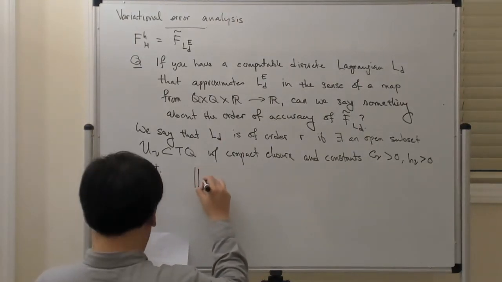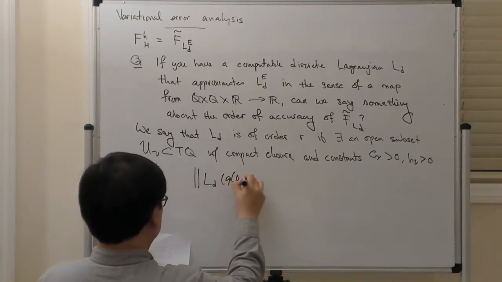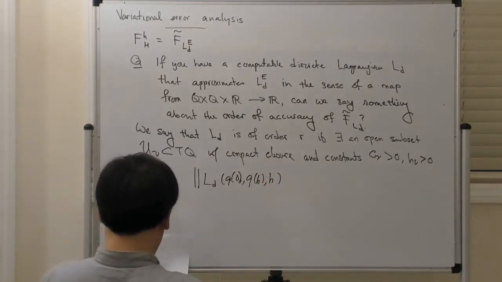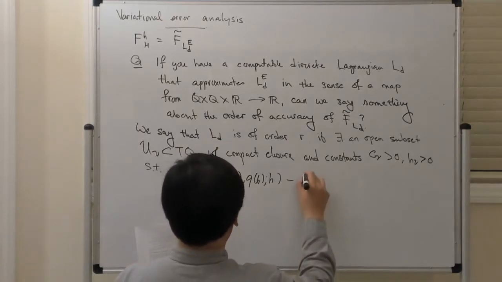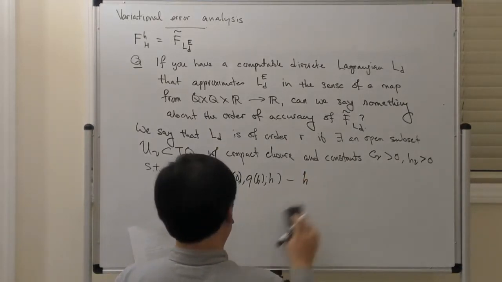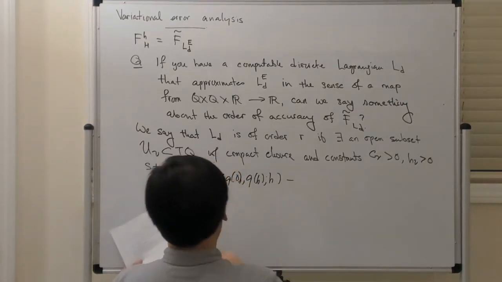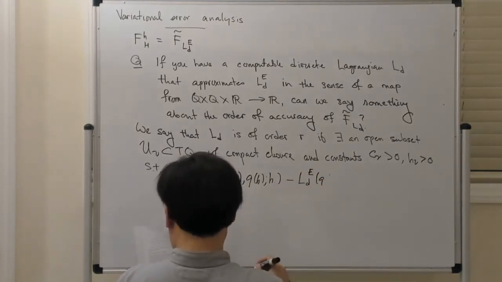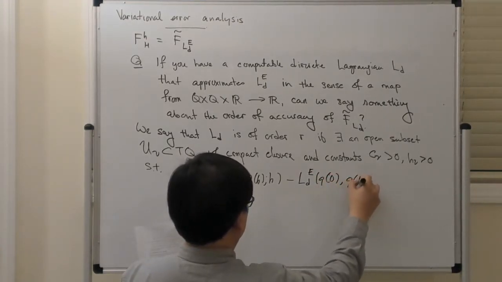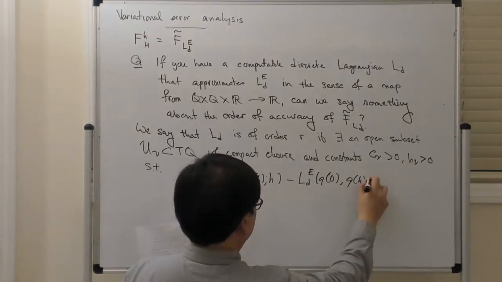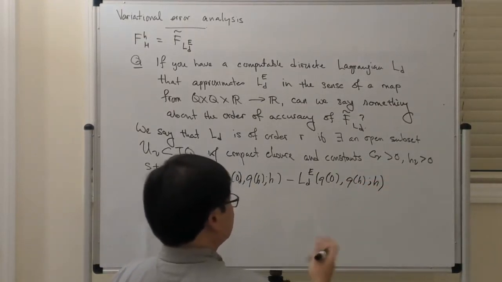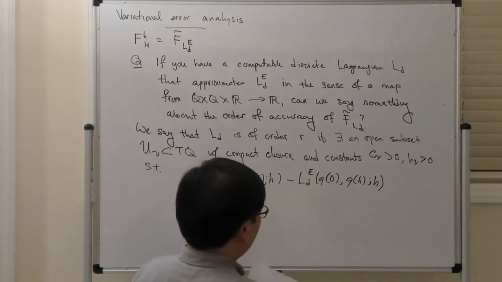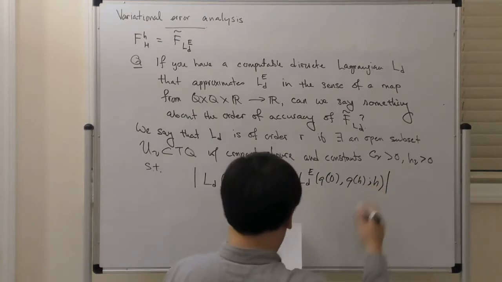the difference between L_D of Q0, Q_H, H minus L_D exact of Q0, Q_H, well, this is just a scalar valued function, so I just need the absolute value of the difference, and there's again this implicit dependence on H. We want an H there because when we talk about order of accuracy, we always talk about some sort of error which grows like some power of H. So we want to have that H there to see how that behaves.